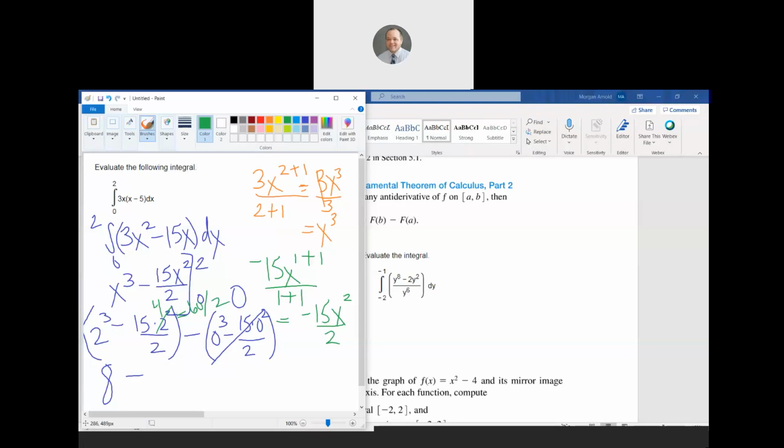That will give us negative 30. Final answer is negative 22. Again, when you're using the Fundamental Theorem of Calculus, Part 2, you must have a minus sign in between your substitutions.